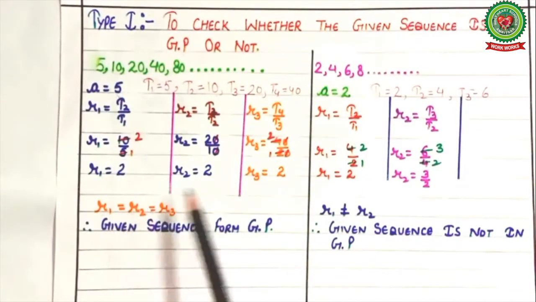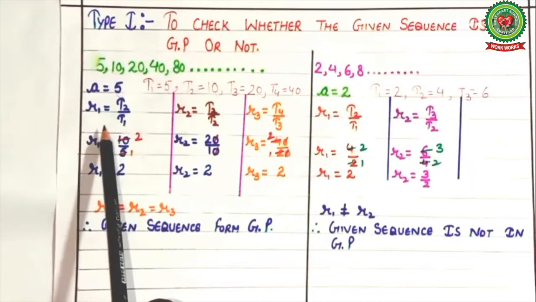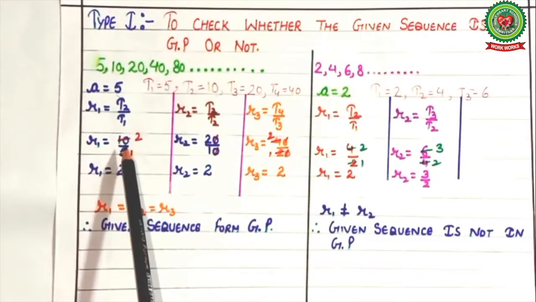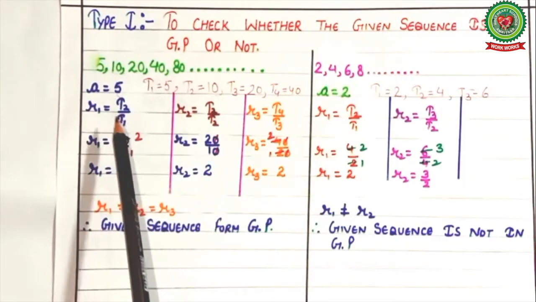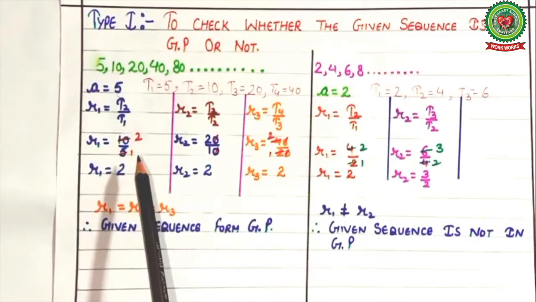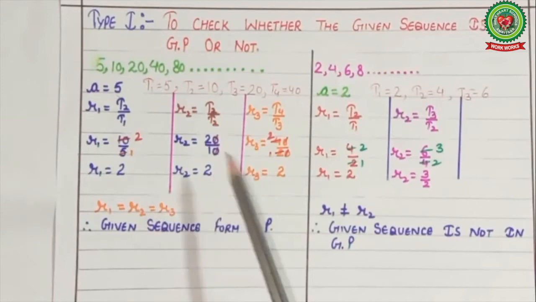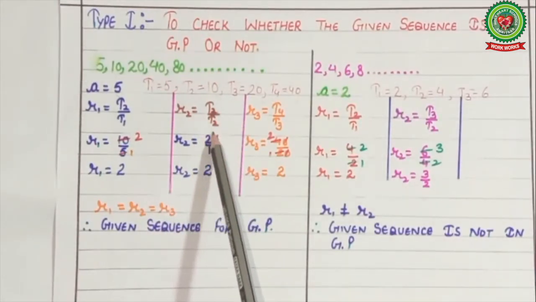Now I am going to find 3 ratios, because if all ratios are equal, then the given sequence forms a GP. So first of all R1, second term upon first term. What is the second term? That is 10. And what is the first term? That is 5. So R1 is equal to 2. R2 is equal to third term upon second term.